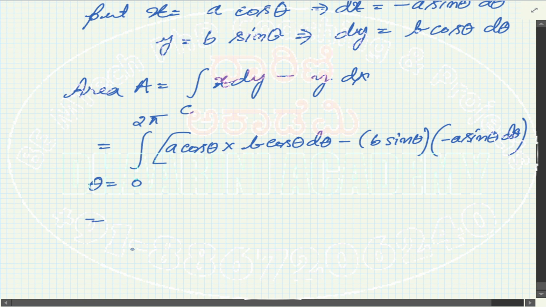So this is integration 0 to 2 pi. I can see that ab is common in both the terms, so I'll take ab outside. The first term is cos square theta, the second term is minus of minus, plus sine square theta d theta.